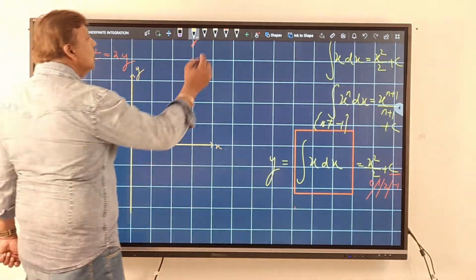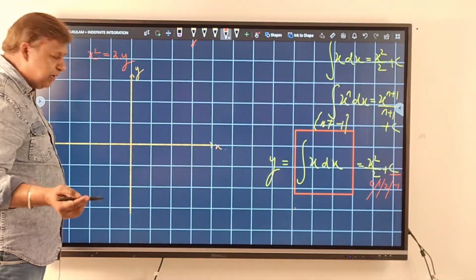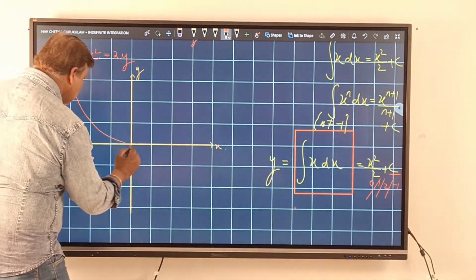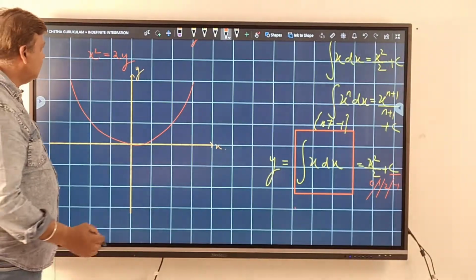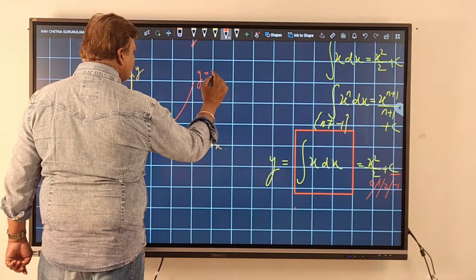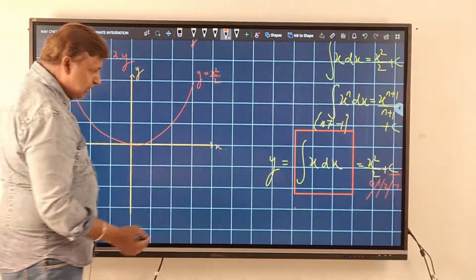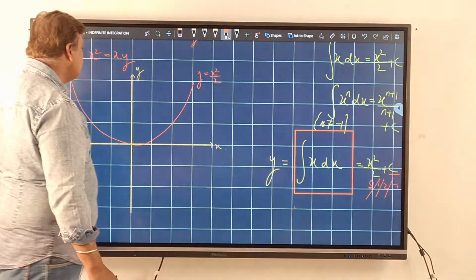Yeah. So here we first of all draw this curve. It's an upward parabola. So it would go like this. Okay, symmetric about the y-axis. So this is the curve y is equal to x squared by 2. That is when we took that c as 0.